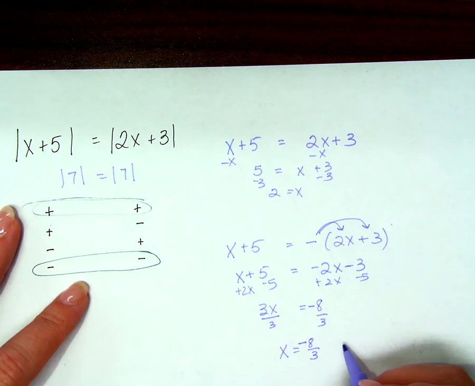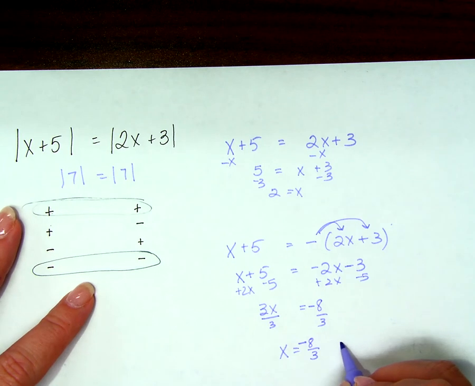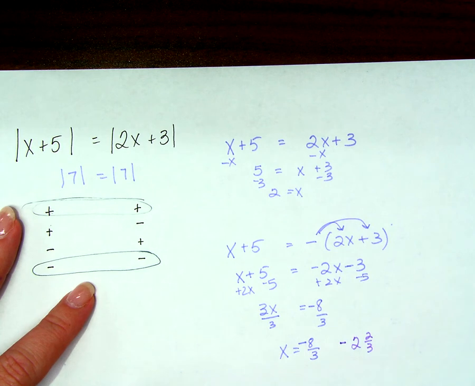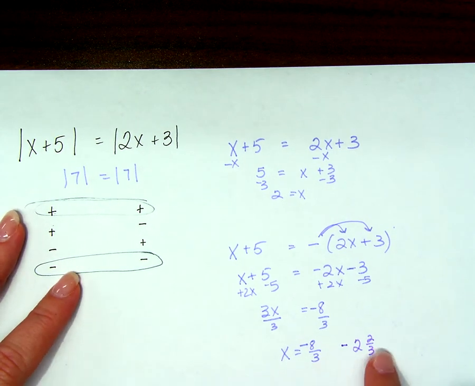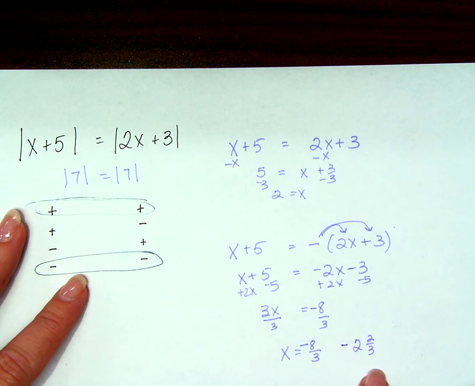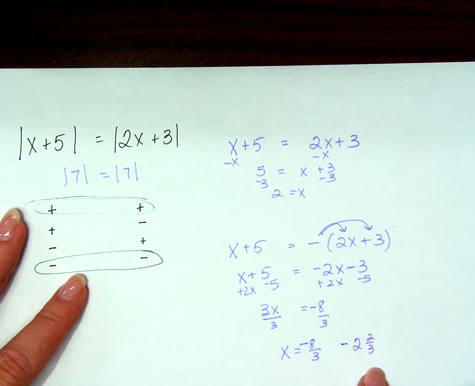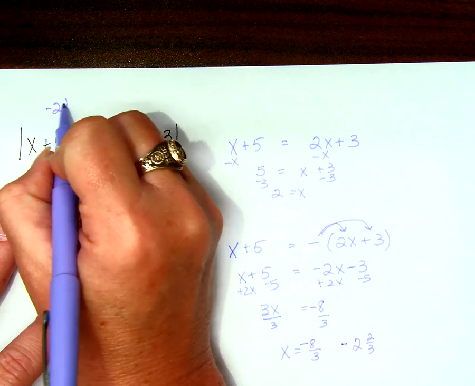Well, negative 8/3 is the same as negative 2 2/3, right? So negative 2 2/3 plus 5 would be 2 1/3.